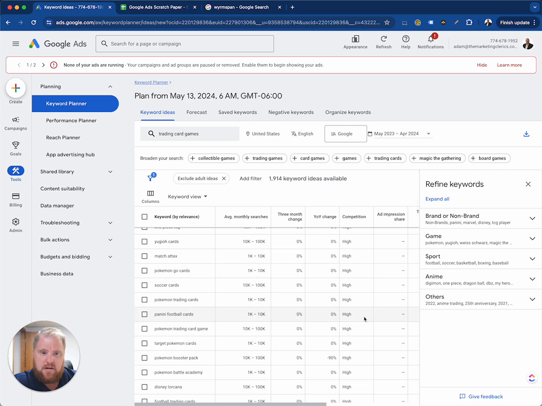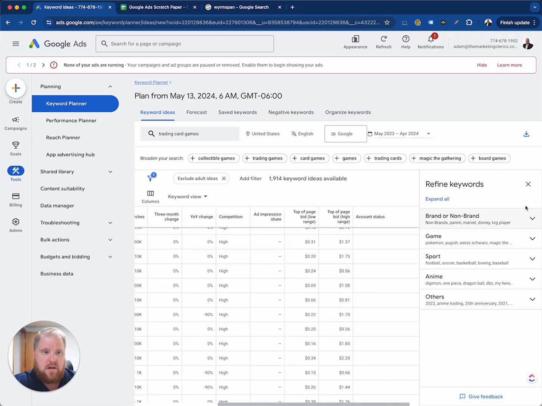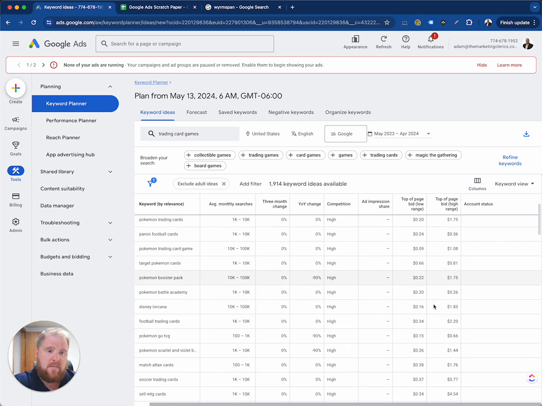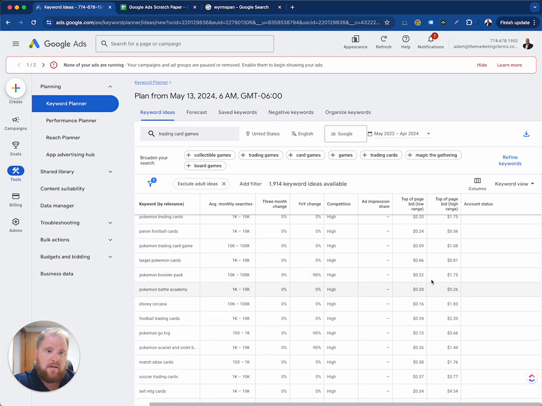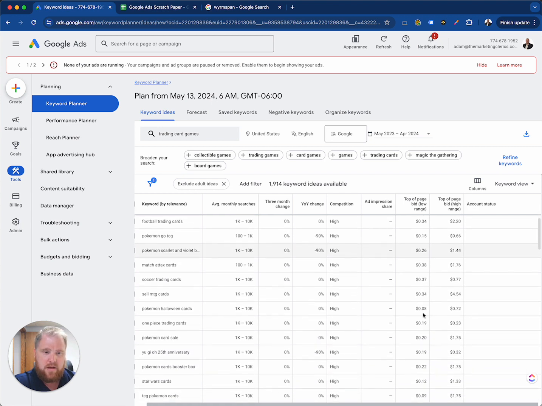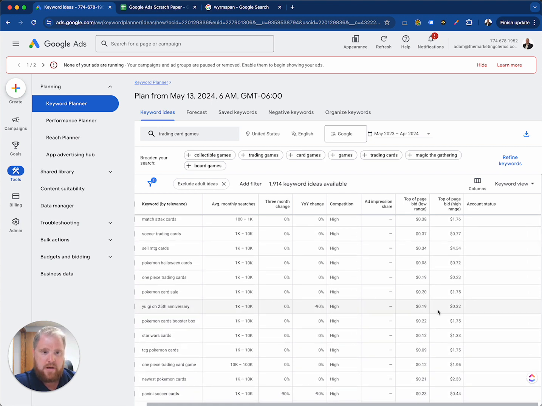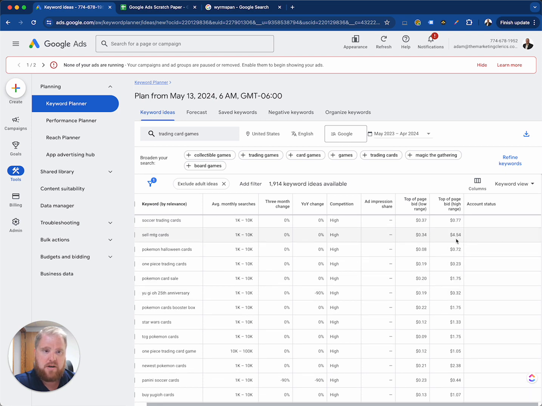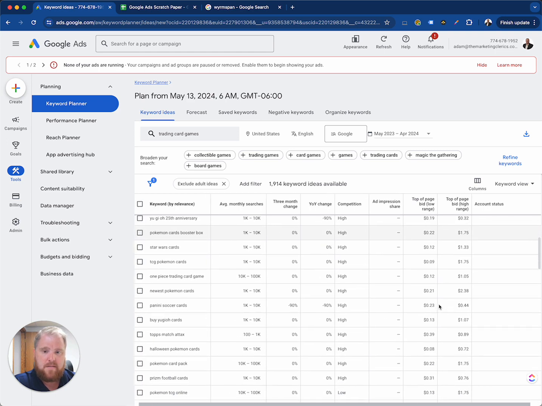A lot of these are pretty high competition, and the cost per click is anywhere from 10 cents to $1, or even more. Selling MTG cards, you could pay up to $4 a click.